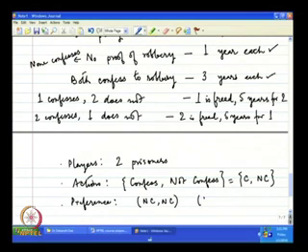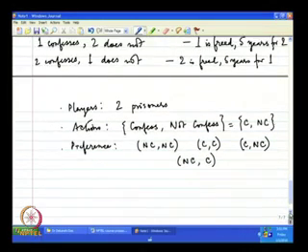Another will be CC, both are confessing, and another will be CNC, and another will be NCC. These are the possible 4 profiles.